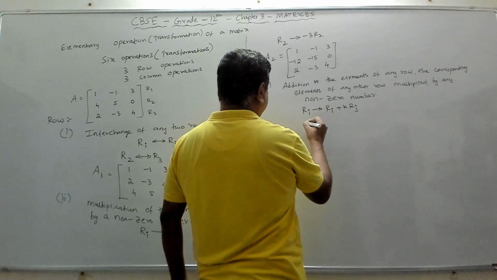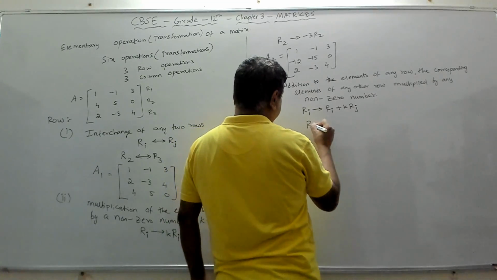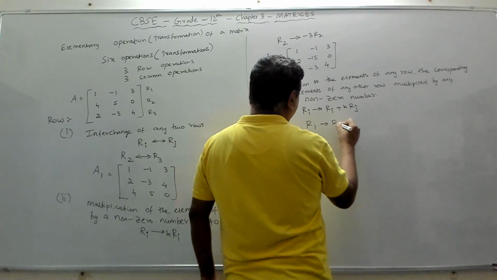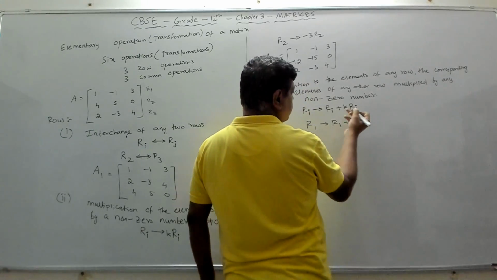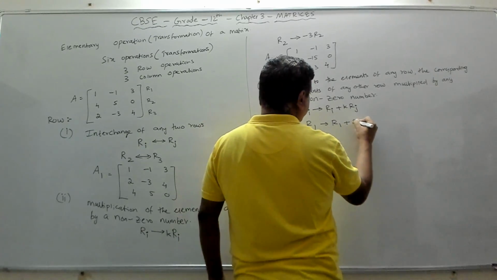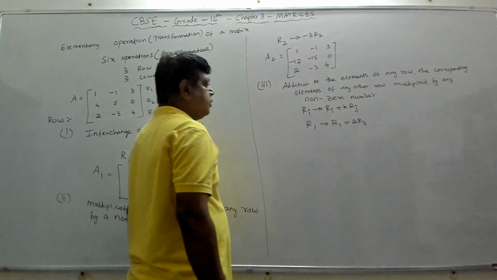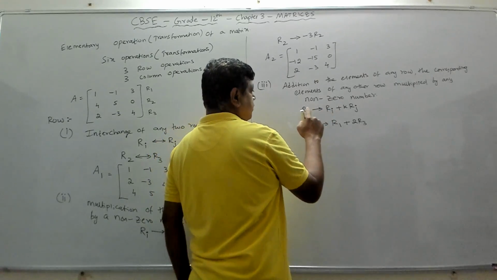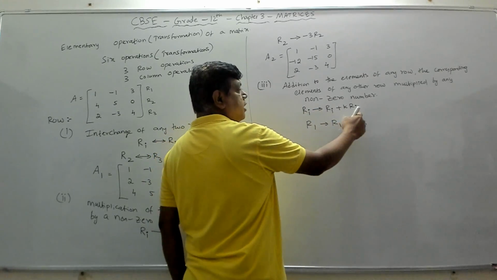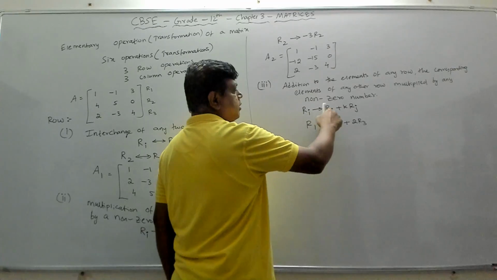Suppose, in particular, I want to apply this operation, suppose I say R1 implies R1 plus, we can put minus also, doesn't matter, plus 2 times R3. So these two have to be the same. If this is R1, this has to be R1. This is Rj, which means it should be different from this.